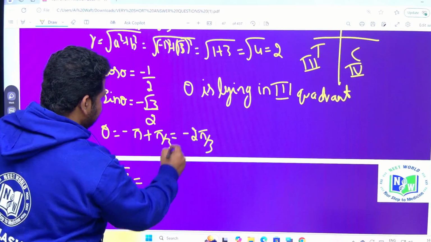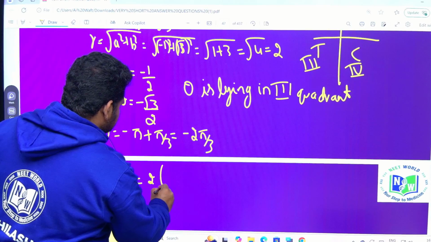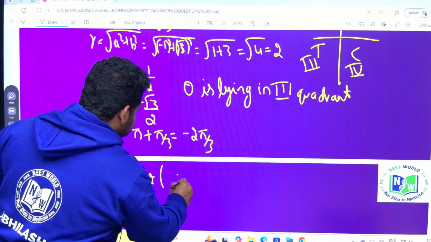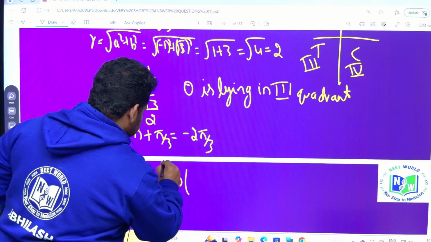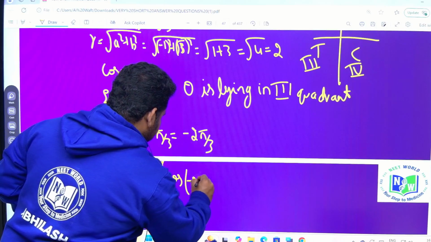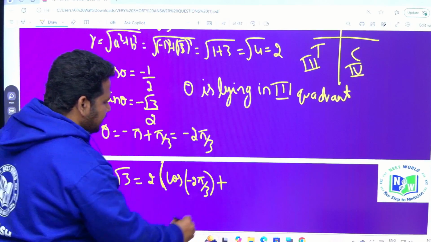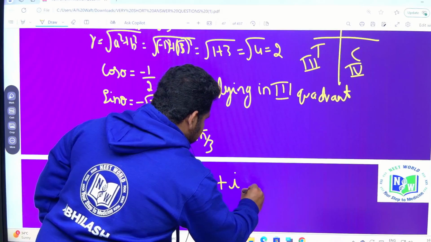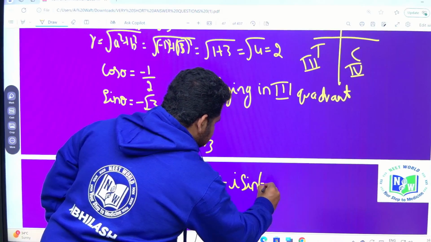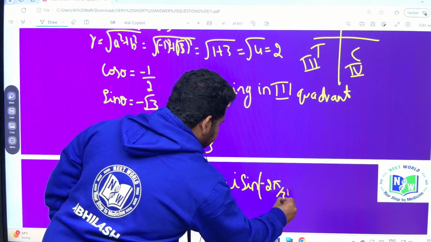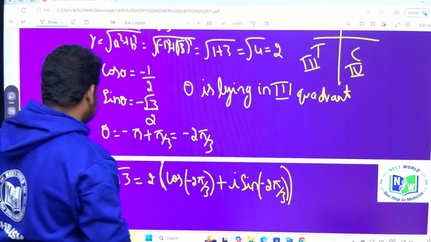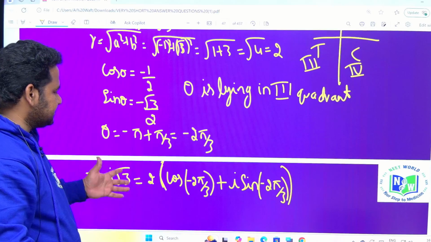The value of r is 2, into cos of minus 2 pi by 3, plus i into sin of minus 2 pi by 3. This is the modulus amplitude form of minus 1 minus i root 3.